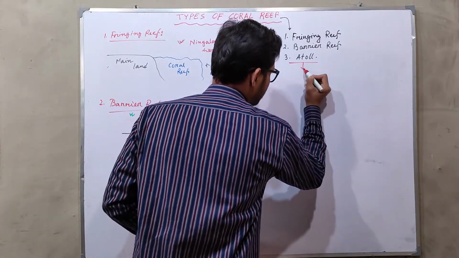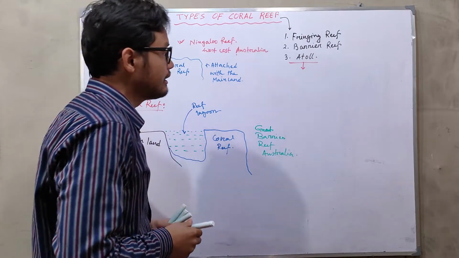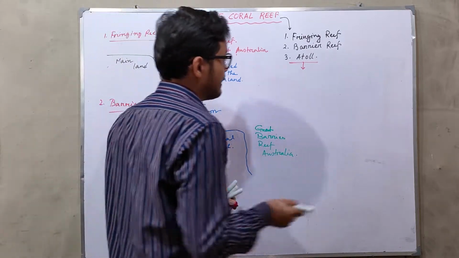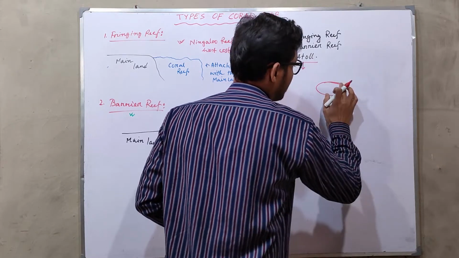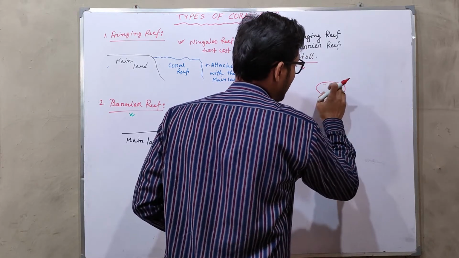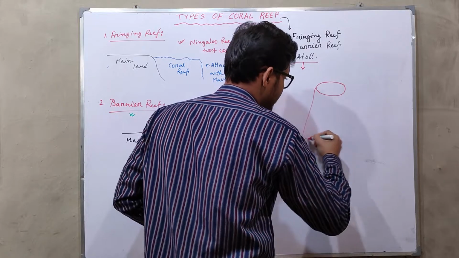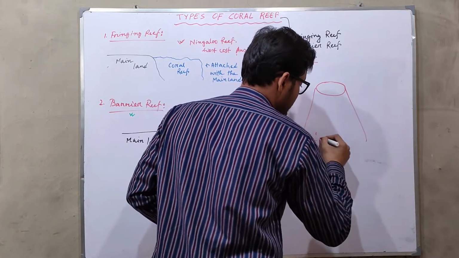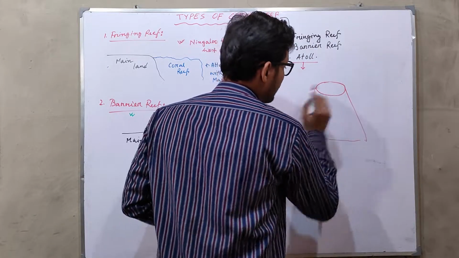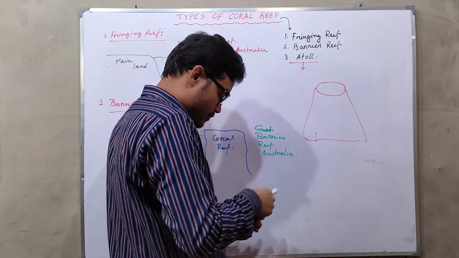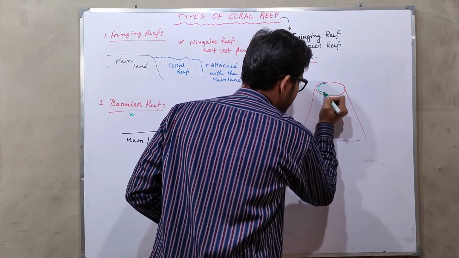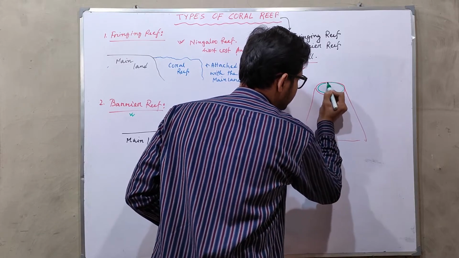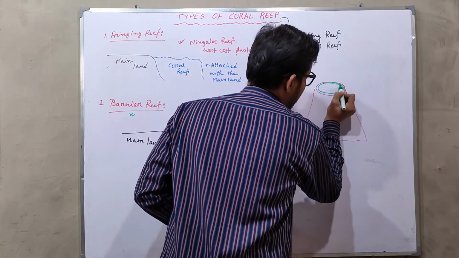And the third one is the atoll. So what are atolls? Basically, if there is a volcano present inside the water, so this is the structure of the volcano, the coral reef is formed on the periphery of this volcano.